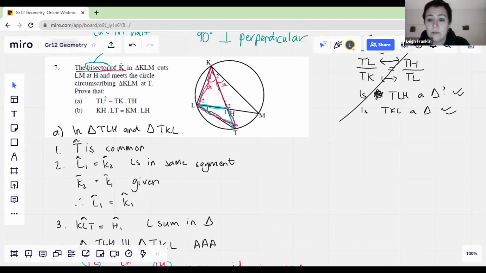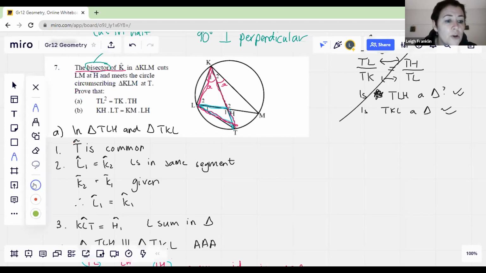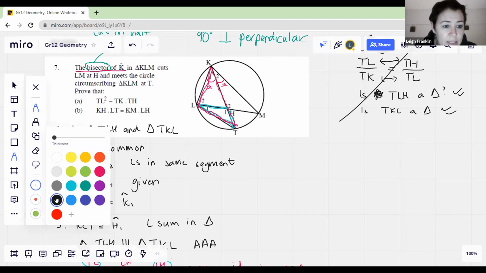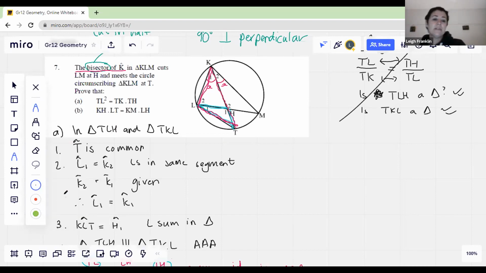No, they haven't. So if they don't tell us which triangles we're going to work in, we have to go and find those triangles for ourselves. Again, you're allowed to do a little bit of rough work on the side. You are not allowed to write KH times LT equals KM times LH as the first thing on the page.